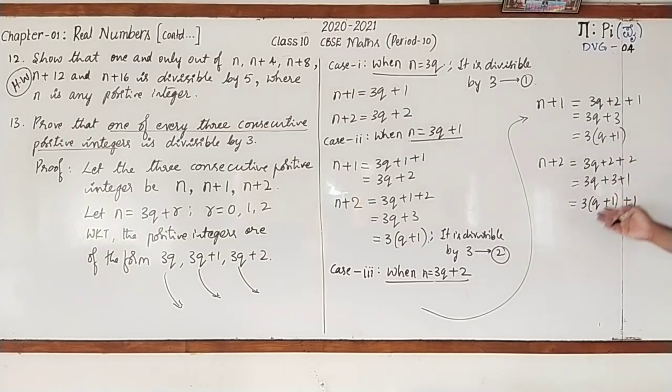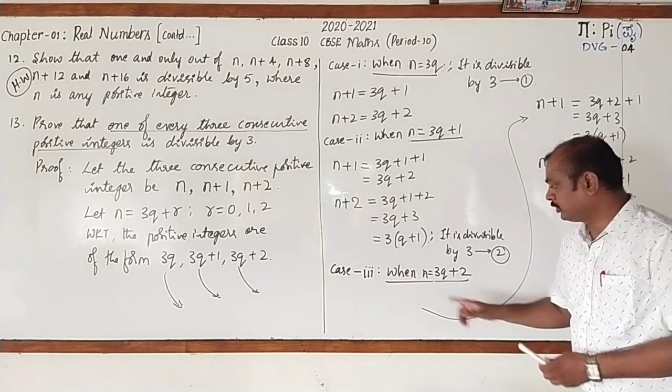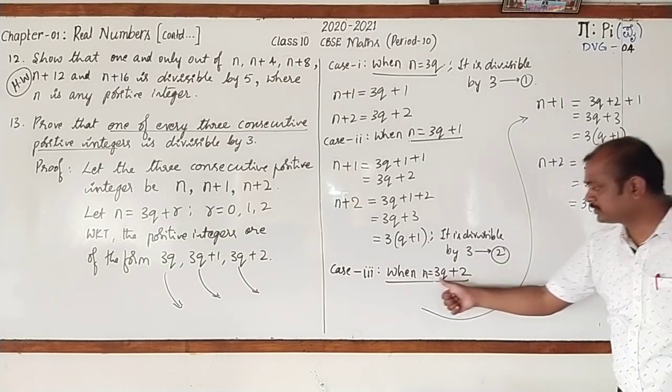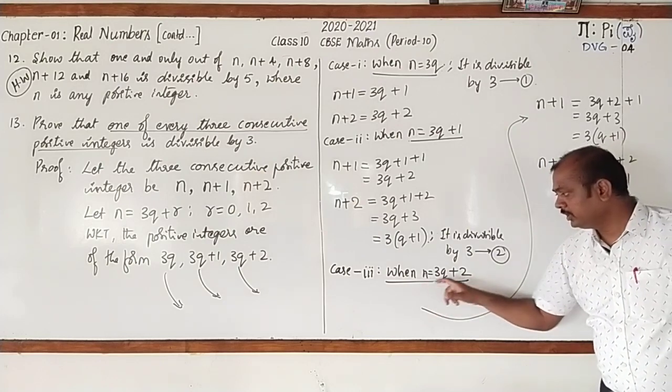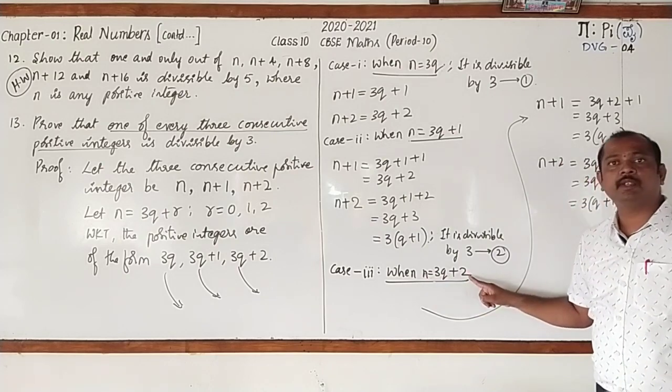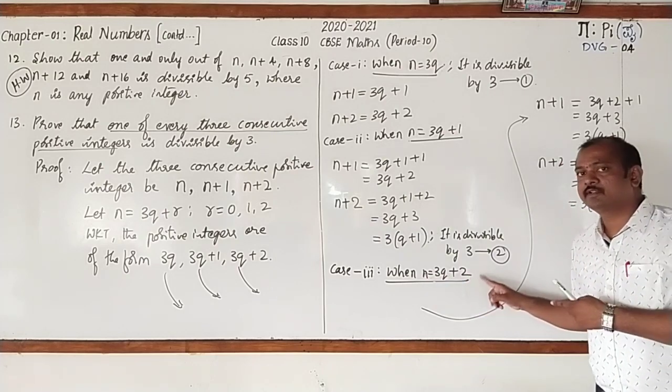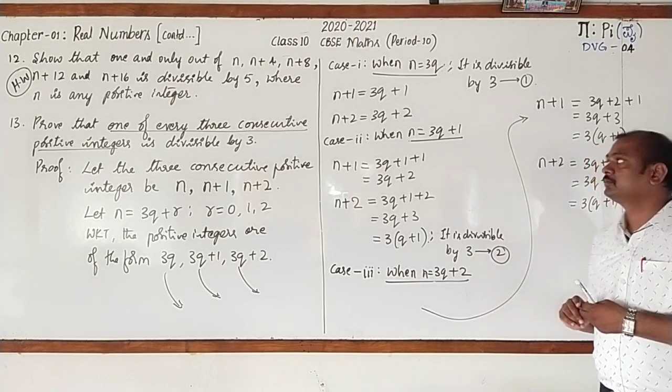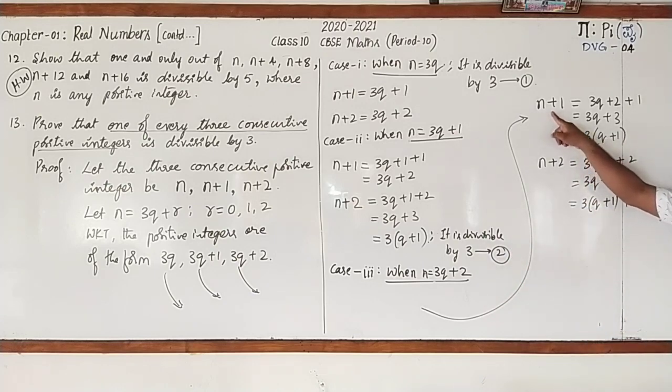Now let us come to know the meaning of all the 3. Here, n equal to 3q plus 2. Observe here. It means when n is divided by 3, it leaves the remainder 2. Therefore, it is not divisible by 3. When n plus 1 is divided by 3, does it leave any remainder?